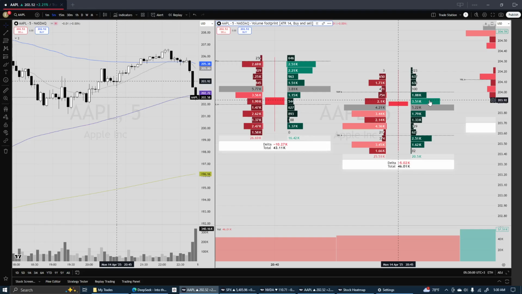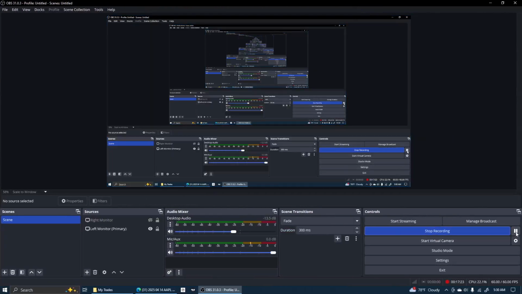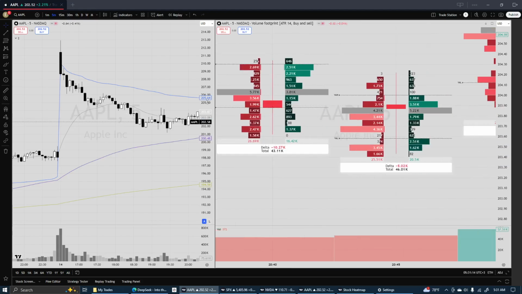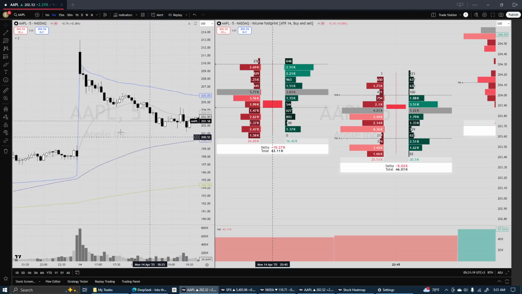I don't have the time to process how fast. Okay, anyway, back to the video. I failed to understand how I'm supposed to see this footprint, so we will go to another consolidation area.